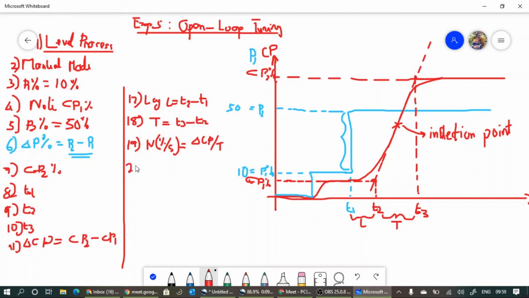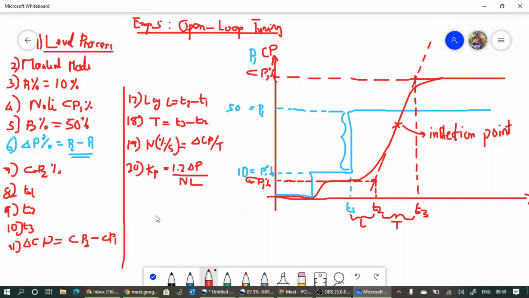Now what is the next one? If you are tuning a PID controller, then what is Kp? Kp is equal to 1.2 into delta P divided by NL.